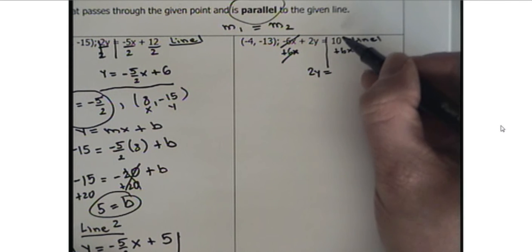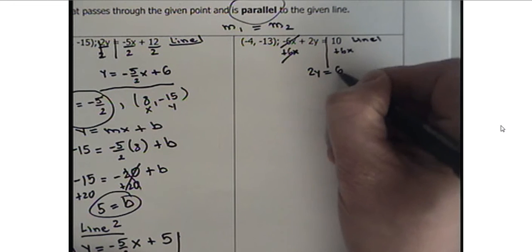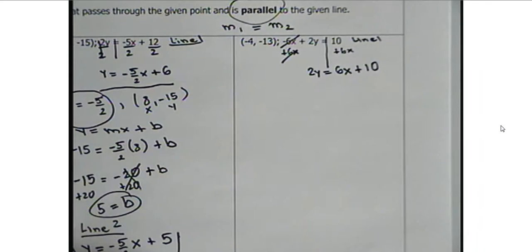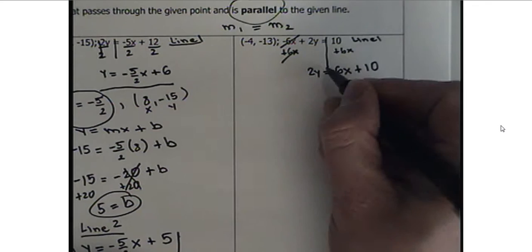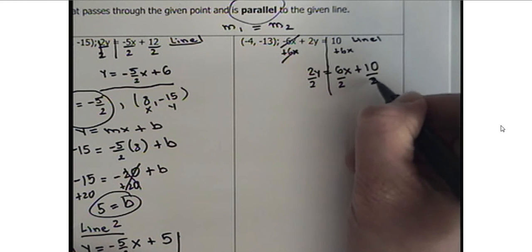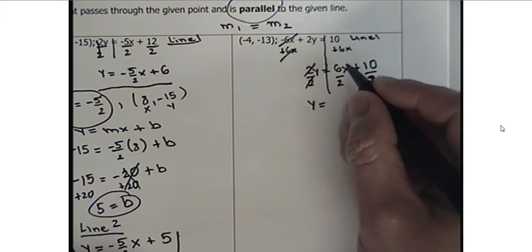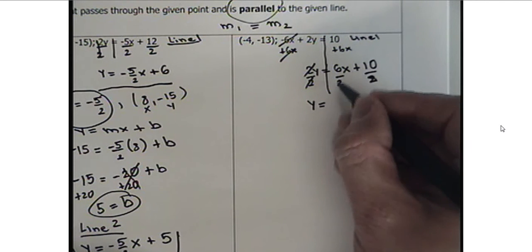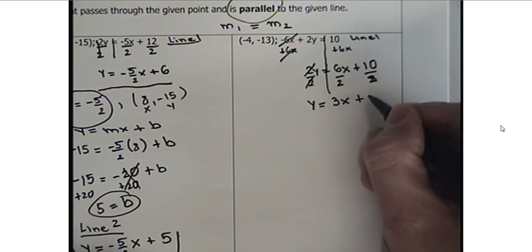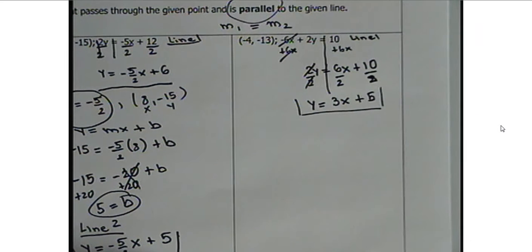Those two are not like terms. Please don't write 16. 6x is one term, plus 10 is another term. They do not look alike. Then, next step will be to divide each one of those terms by 2. So the equation of the first line will be y is equal to 6 over 2, which simplifies to 3x, plus 10 over 2 is 5. So this is the equation of the first line.